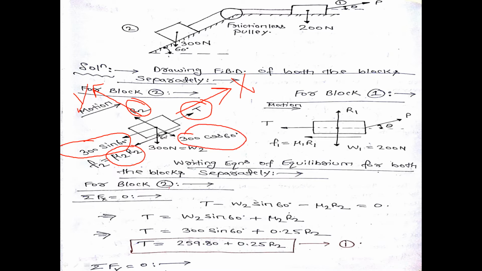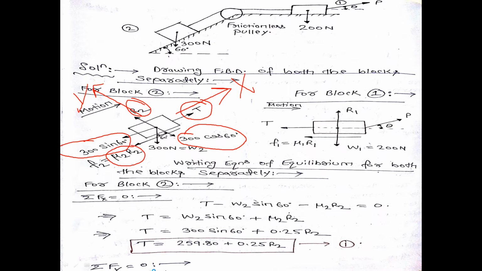That's it. No more values are present along the y-axis. So R2 minus W2 cos 60 equal to 0, or R2 is equal to W2 cos 60. W2 is given in the problem as 300, so 300 into cos 60, and you get the reaction force R2, which is 150 Newton.